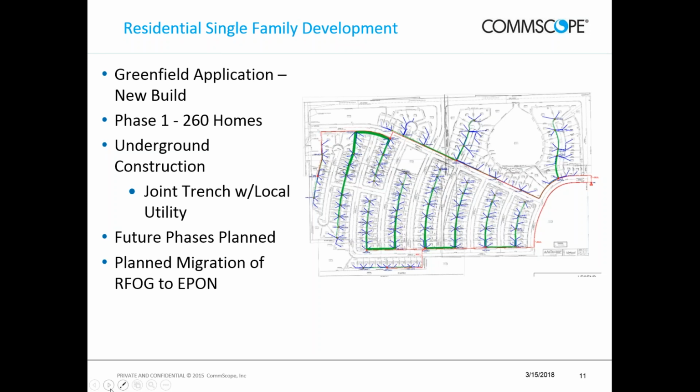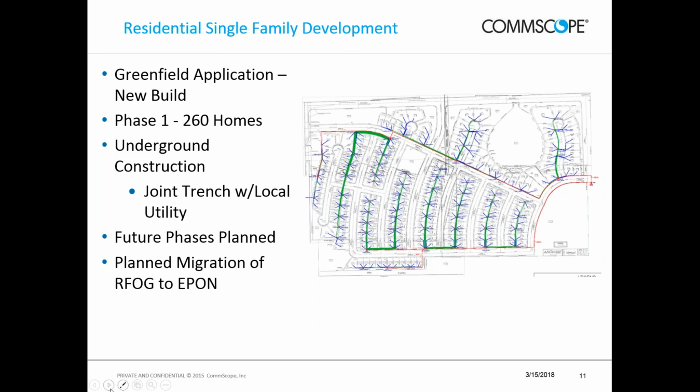And as always, at least for the MSO market and for cable operators, RFOG is kind of the standard that we've been shipping out there today, but we have to plan ahead for Ethernet PON or gigabit Ethernet PON in the future. And certainly all of these devices support that.